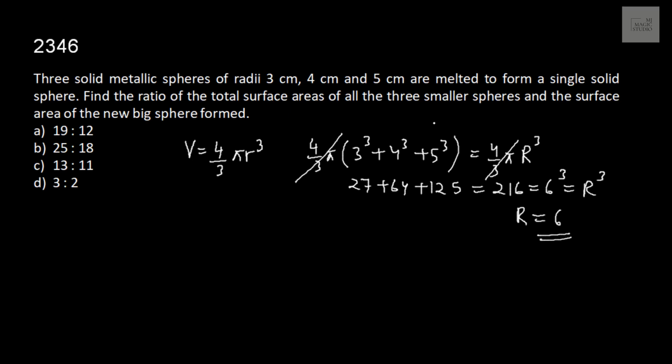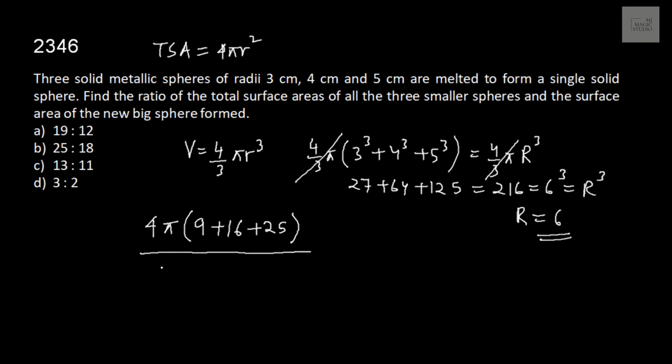Done. Now what next? Find the ratio of total surface area. Total surface area of a sphere is given by 4 pi r square. Area of the 3 smaller spheres, if I take 4 pi common, is r square 9, r square 16, r square 25. This is the total surface area of the 3 old spheres, and we need the surface area of the new big sphere formed.